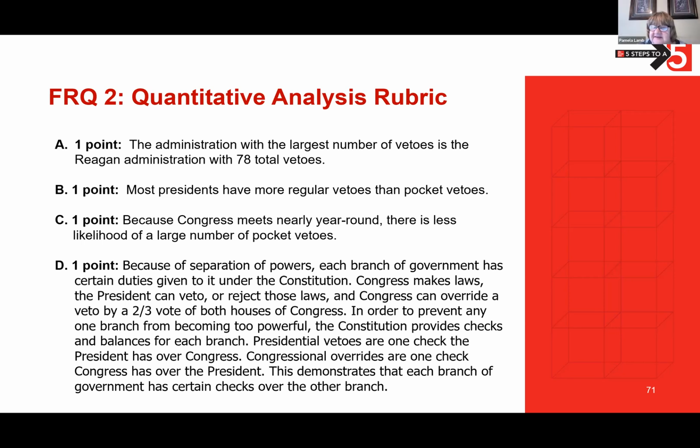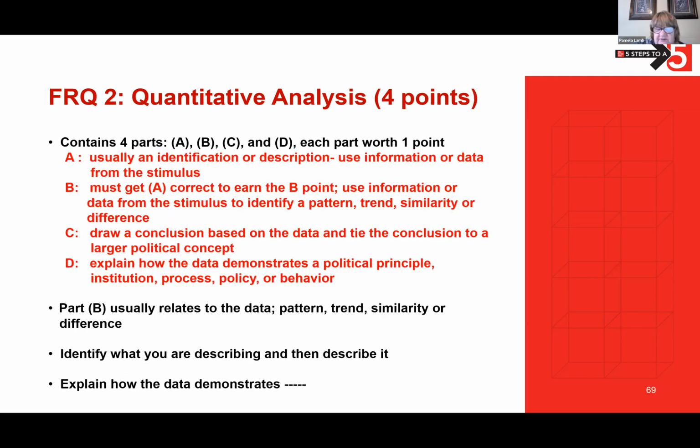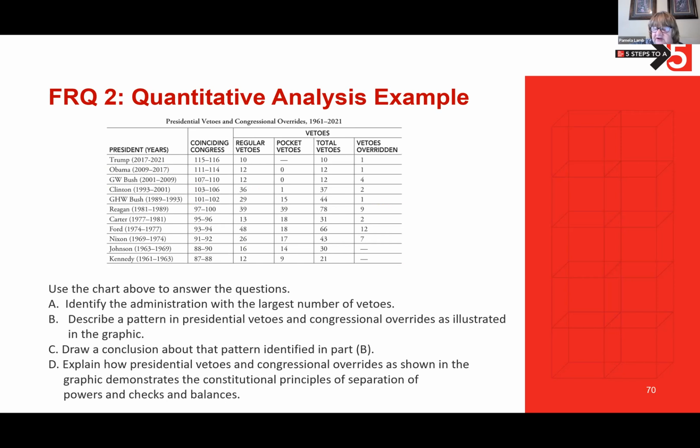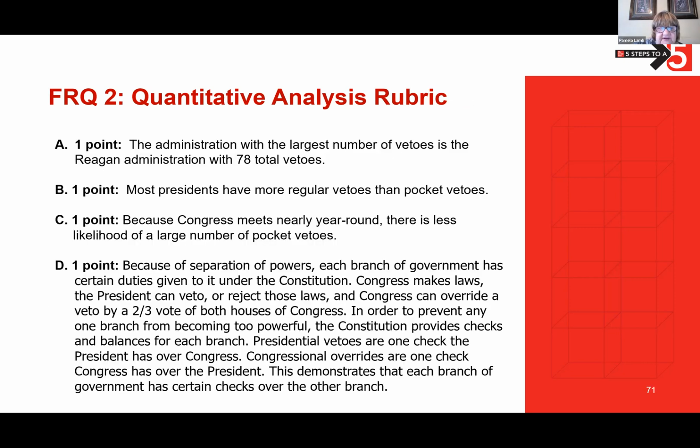Okay, here's the question, go back to the question here. Whoops, went too far. Draw a conclusion. So why do you think there are more regular vetoes than pocket vetoes? Because Congress meets nearly year round, there's less likelihood of a large number of pocket vetoes.